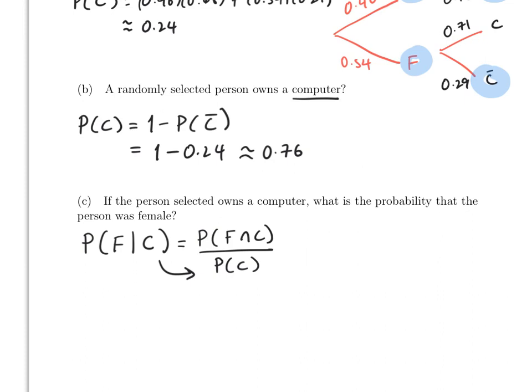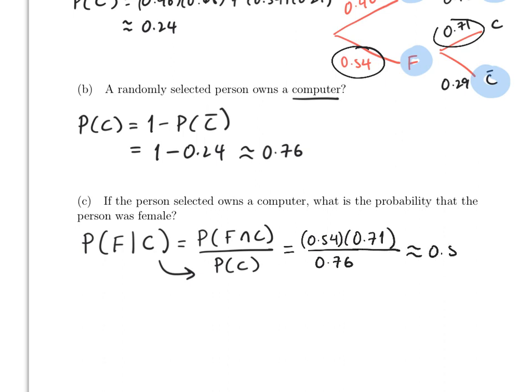So in our case, the probability somebody owns a computer is 76%. Now female and computer means this times this. So this is the same thing as 0.54 times 0.71, and this is around 50%, and that's it.